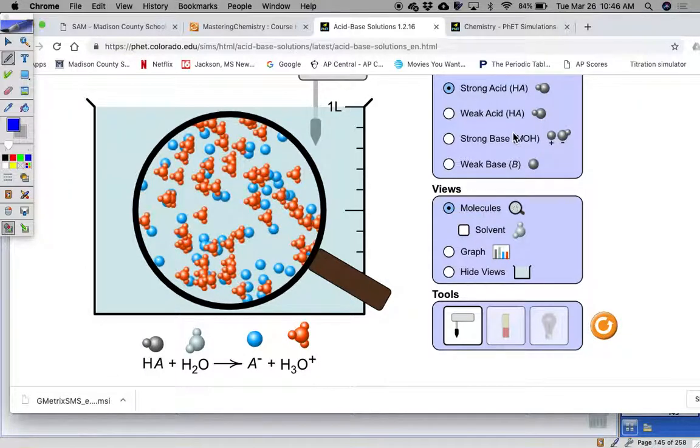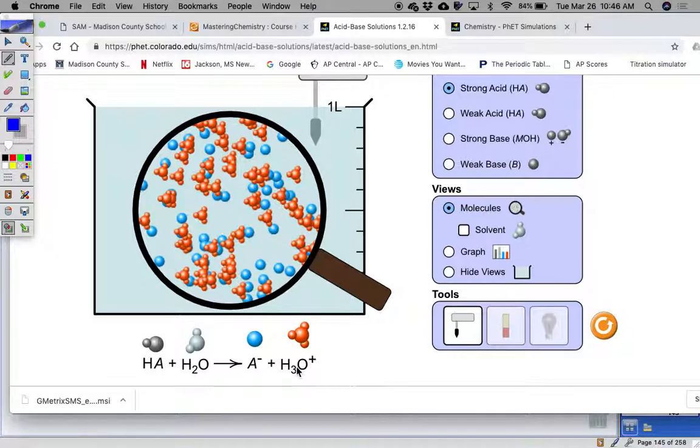Are there any of the original acid left in solution? No. So the assumption is that for a strong acid, every bit of the acid dissociates or ionizes into the anion and the H+.